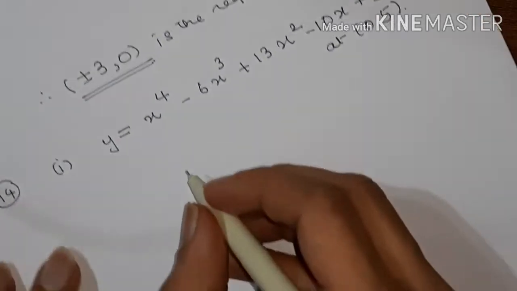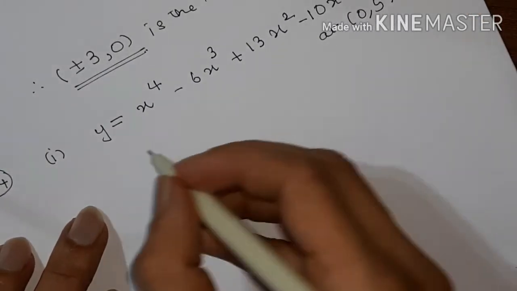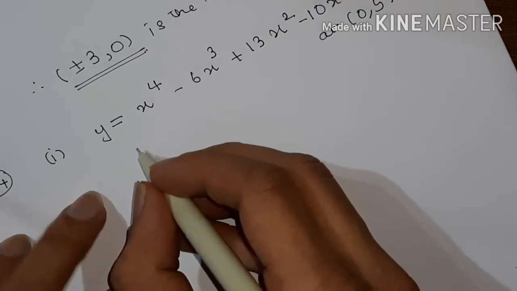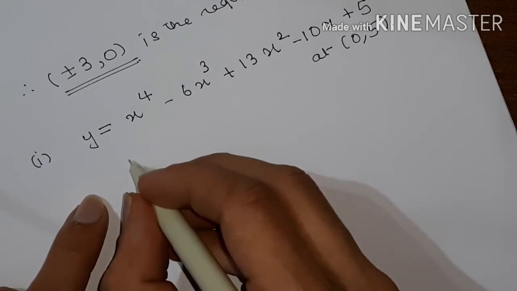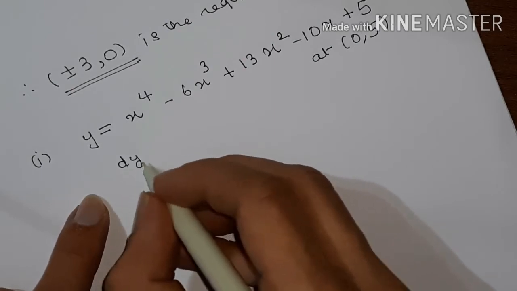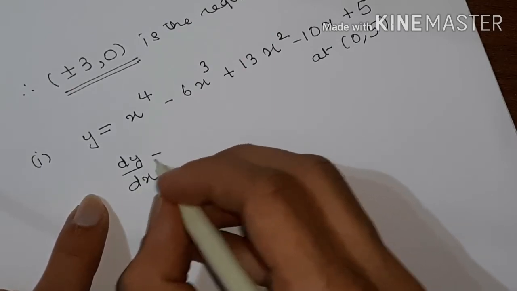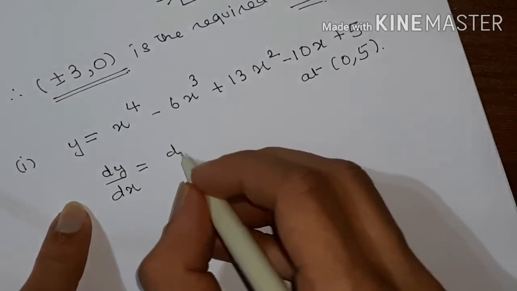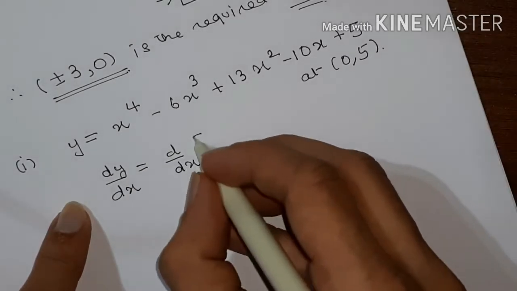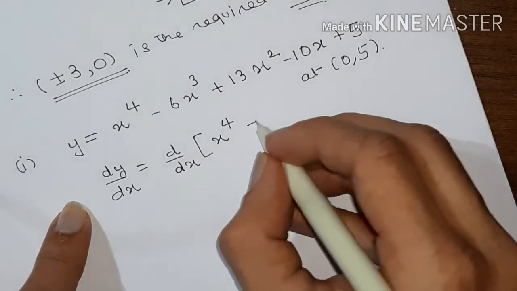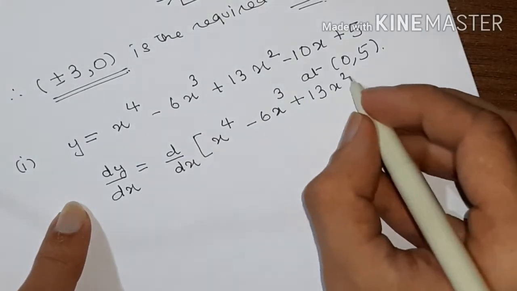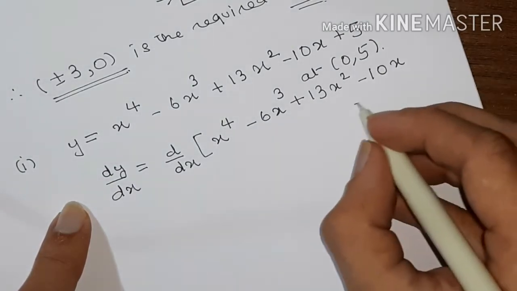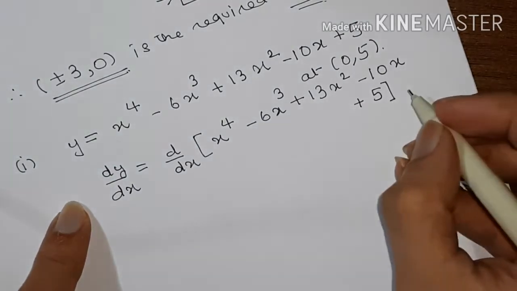This is the curve which is given. Now to find the equation of tangent, you want the slope of the tangent. So for that, what you want to find is dy by dx first. So dy by dx is d by dx of x raised to 4 minus 6x cube plus 13x square minus 10x plus 5.